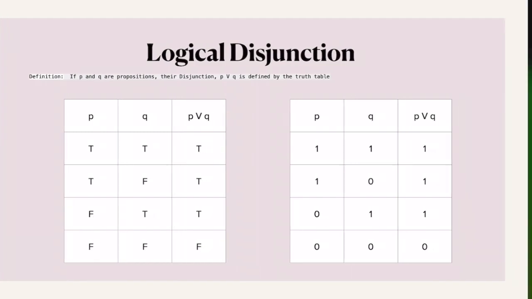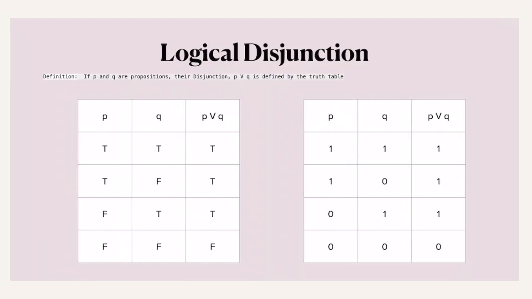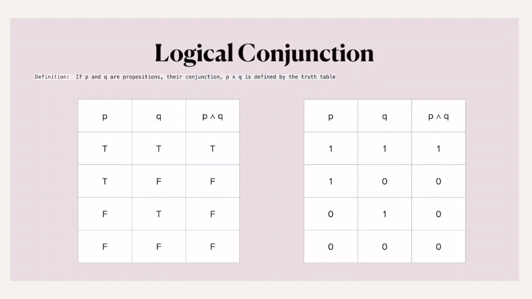The next one that we're going to talk about is logical conjunction. Logical conjunction is like disjunction, but instead of the symbol that looks like a V, it has that symbol that you can see between P and Q. That symbol means and.